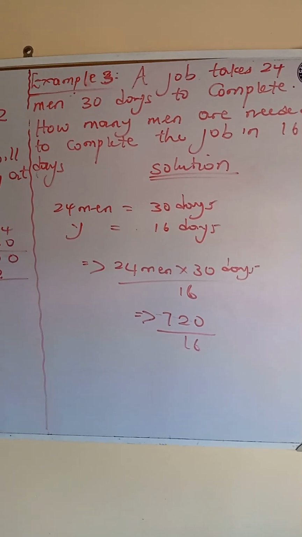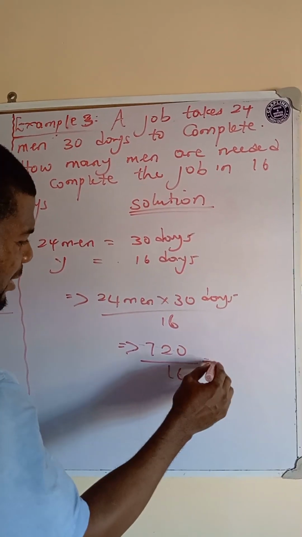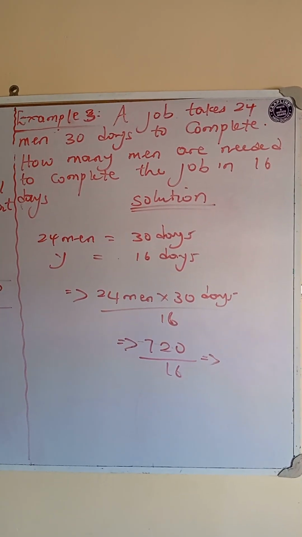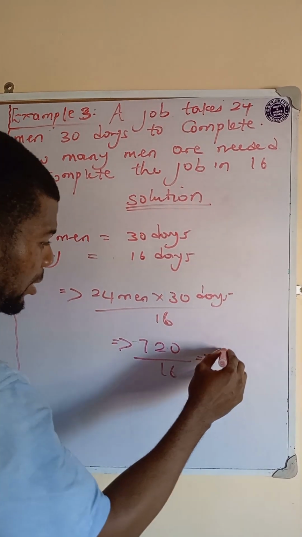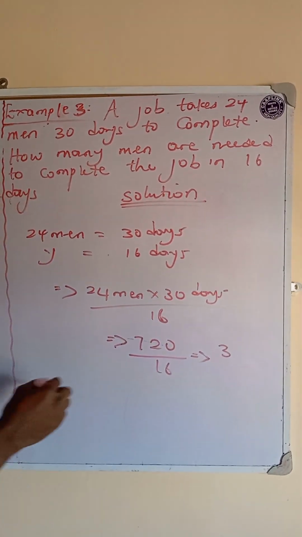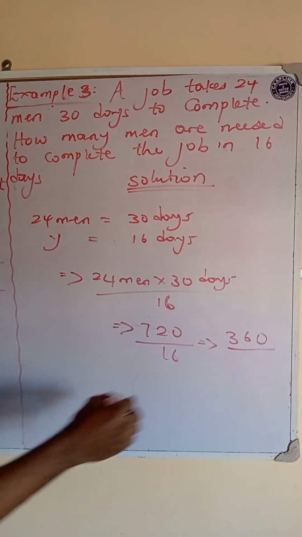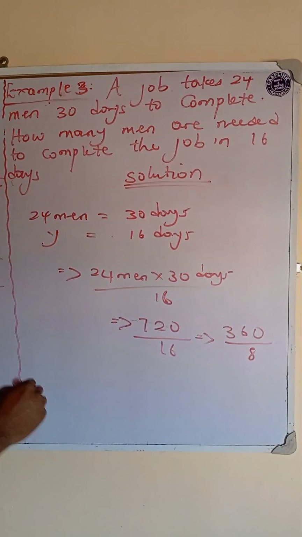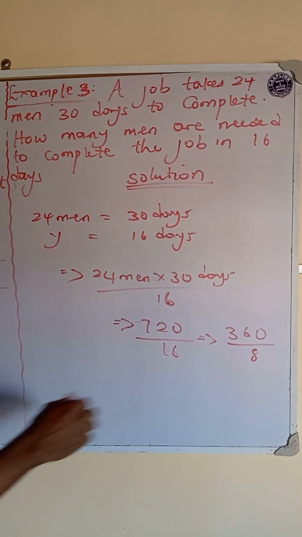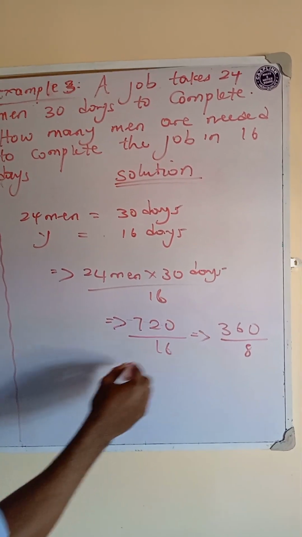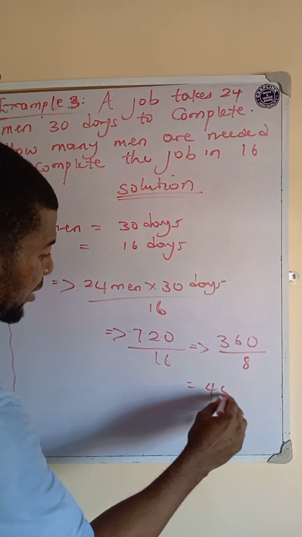Now let's see how we can solve this. Let's get this to the lowest term, which will give me 360 divided by 8.